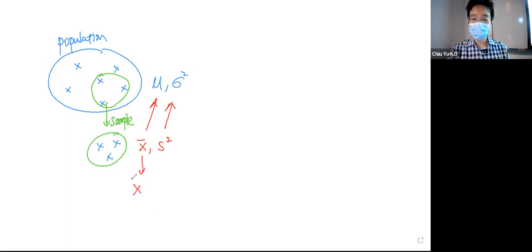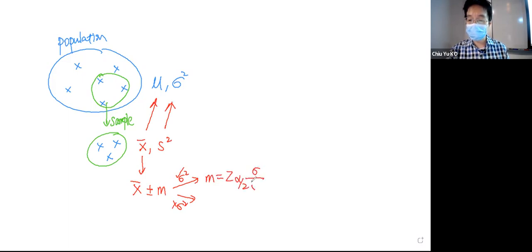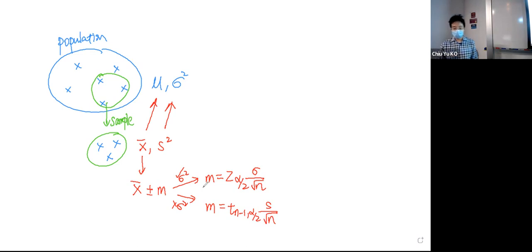Under the normality assumption, we can say plus minus M. If you know sigma square, M would be Z alpha over 2 times sigma over root N, and if you don't know, then M would be t with n minus 1 degrees of freedom, alpha over 2, times S over root N. These are the ways that you do interval estimate.